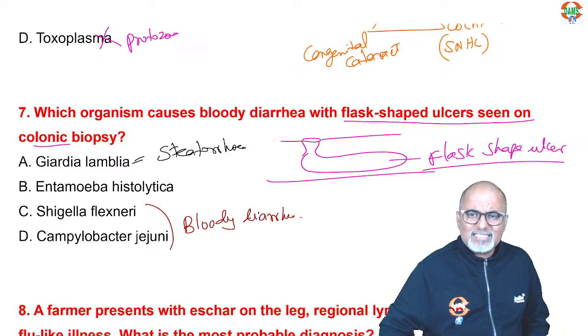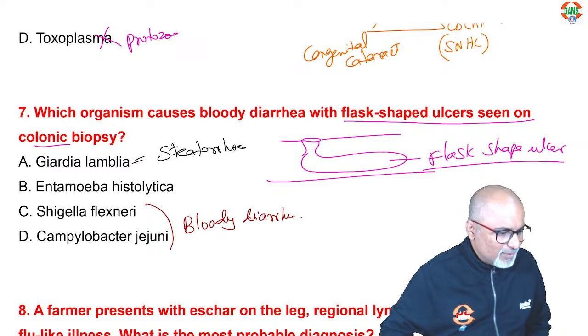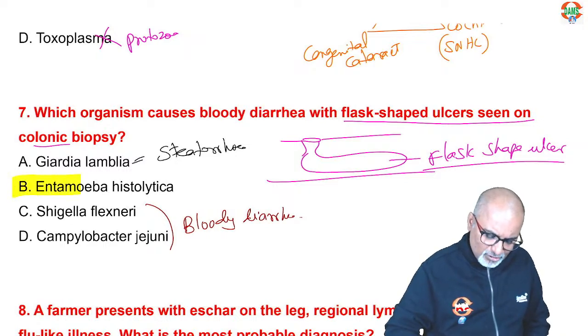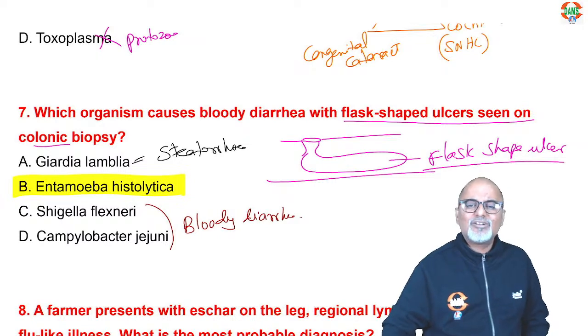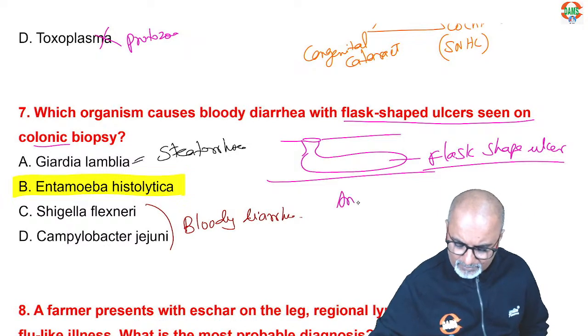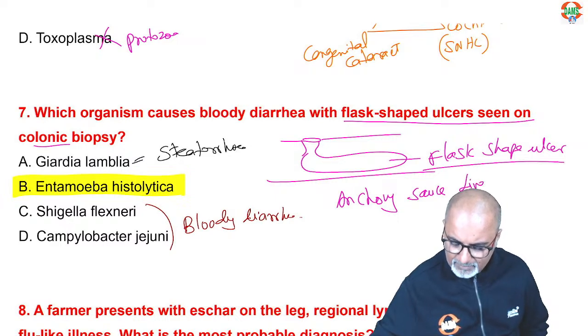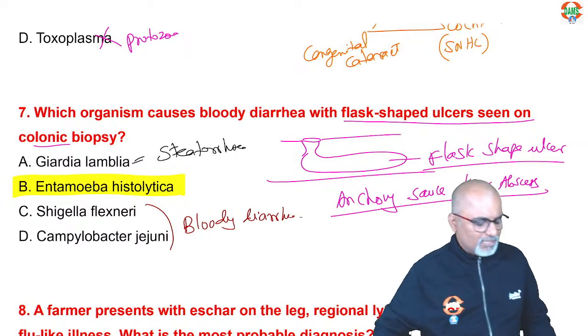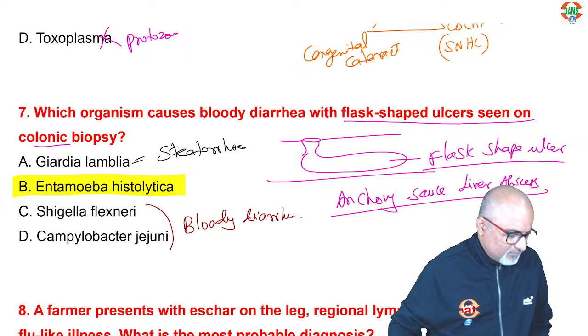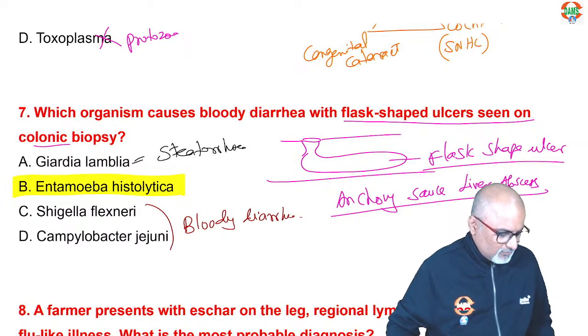And the intestinal flask-shaped ulcer is produced by Entamoeba histolytica. The answer is Entamoeba histolytica. It also causes pus in liver abscess, amoebic liver abscess. Got it?